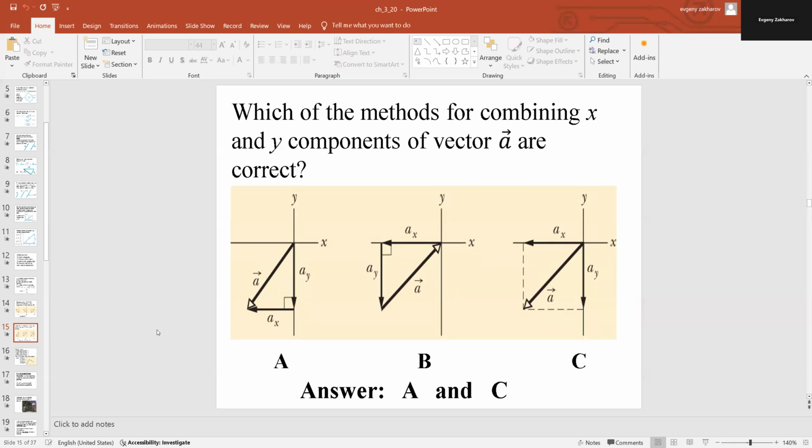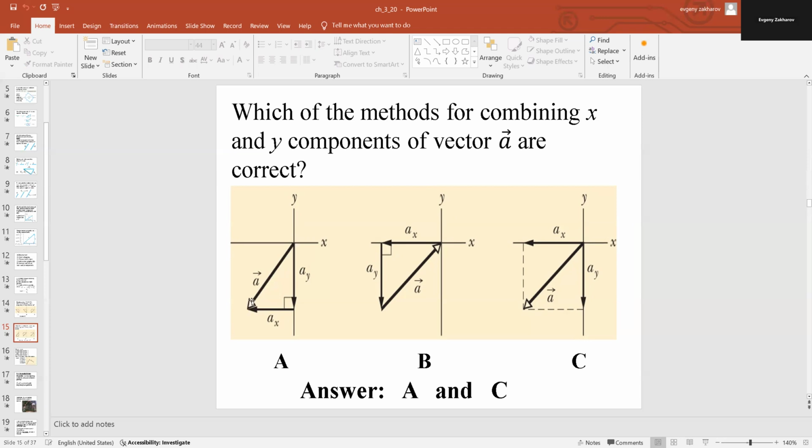Okay, same question, different setup. What do we see here? We see a sub y plus a sub x, right? Tip to tail, the beginning of the second, all the way to the end. And then the first one starts from the end and goes in a certain direction. So this is a triangular method.